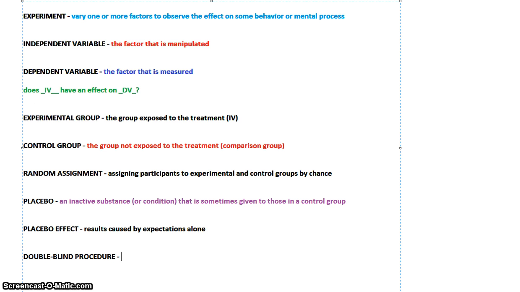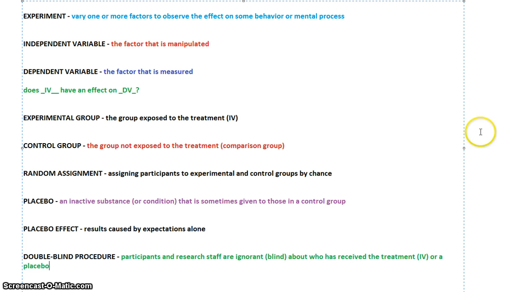A double-blind procedure is when participants and research staff are ignorant, i.e. blind, about who has received the treatment, that independent variable, or a placebo. So you're not sure who is in the experimental group, who's in the control group.